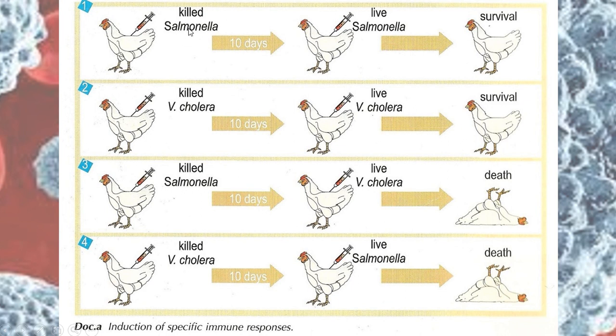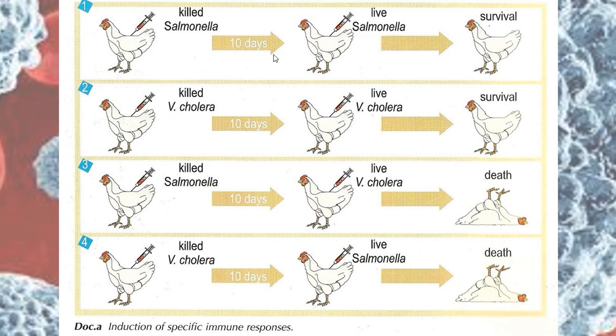Because the salmonella, a type of bacteria, that is used here is killed, we call it a toxoid. If it was living, then it would be known as a toxin. So toxoid is a killed toxin, or attenuated. We can also use an attenuated or weakened one, but in this case they injected the hen with a killed salmonella.